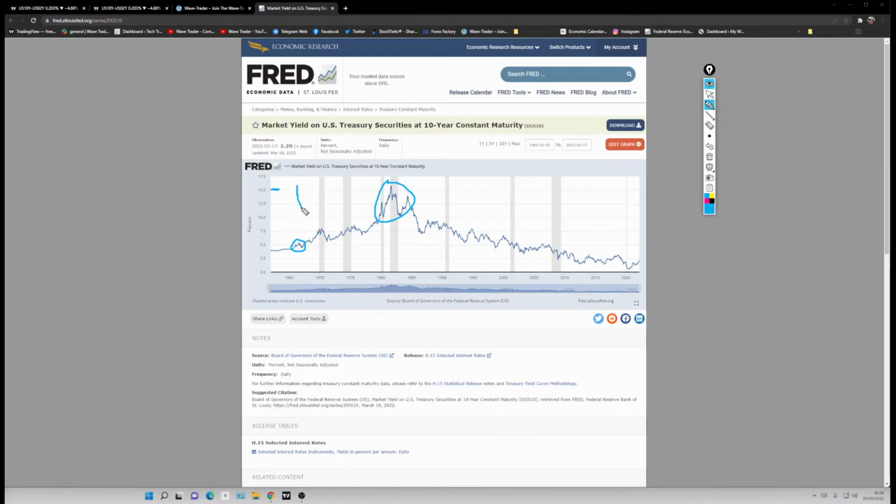At that time in 1967, they were also very well behind the curve, and what they did was raise the interest rate very, very quickly, went above the curve, and caused the recession in 1970. Everything just went down. They're going to repeat something like that, a 1967 kind of scenario.